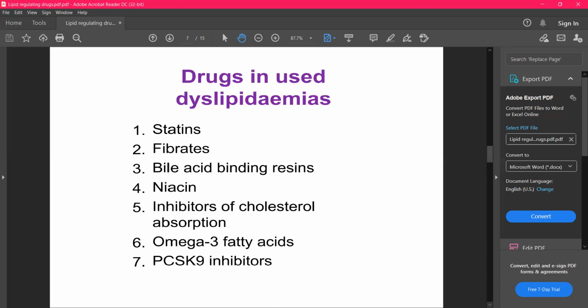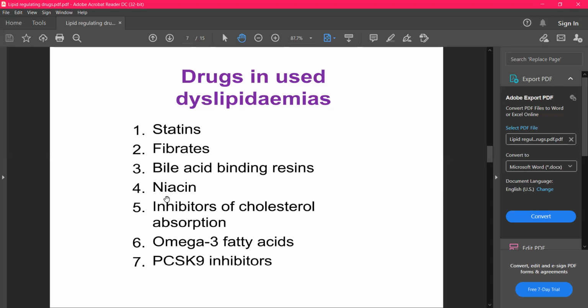As you can see, there are statins, fibrates, bile acid resins, niacin, inhibitors of cholesterol absorption, omega-3 fatty acids, and PCSK9 inhibitors. Out of these, I'm not going to talk about everything. I'll be focusing on more important ones like statins, probably fibrates, bile acid resins.